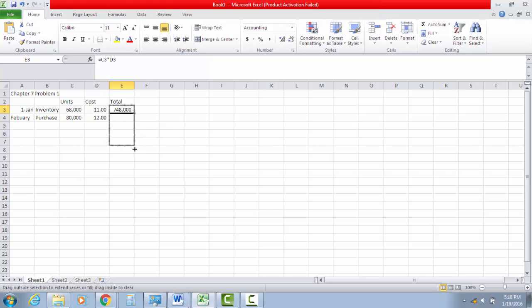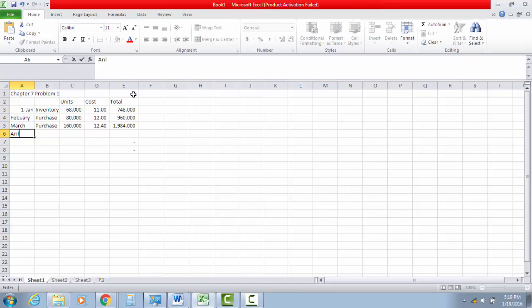Then we're basically going to drag our total here. And then in March, we also purchase 160,000 units at $12.40.